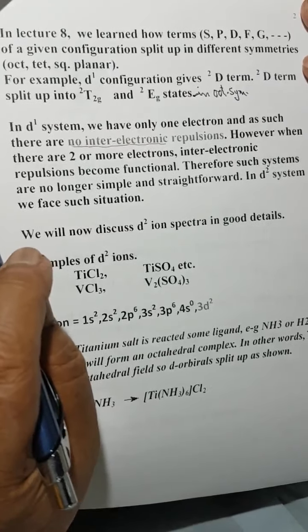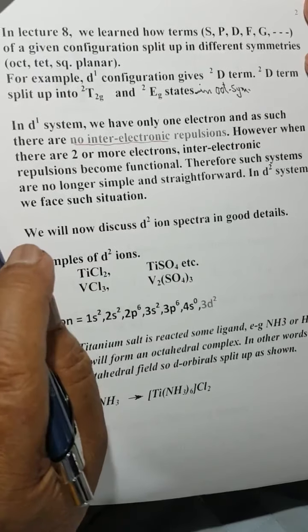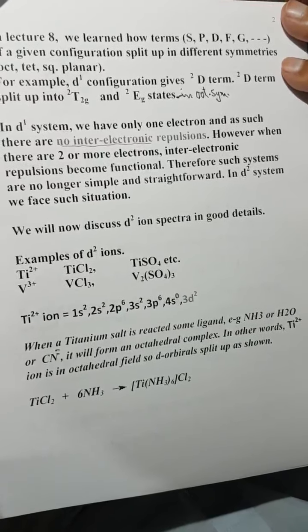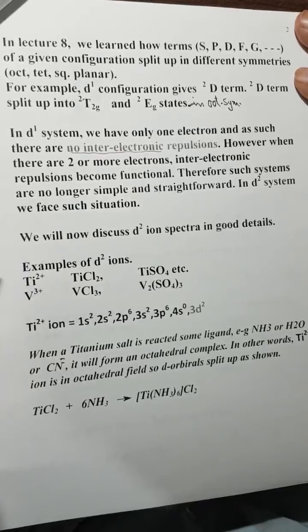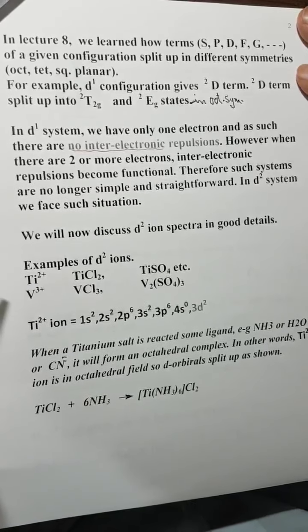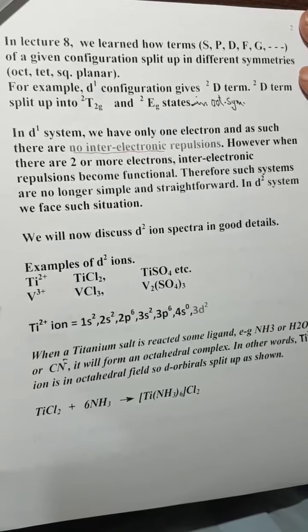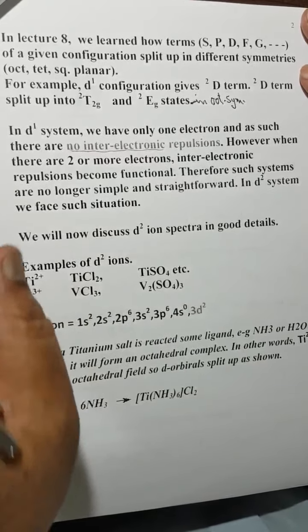Okay, d1 was a very simple system, the reason being only one electron. But when we will be dealing with 2 electrons, 3 electrons, 4 electrons in this system, what will happen? Inter-electronic repulsions. The 2 electrons will repel each other.